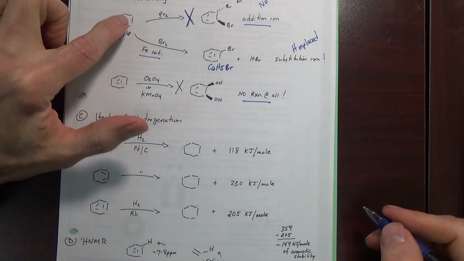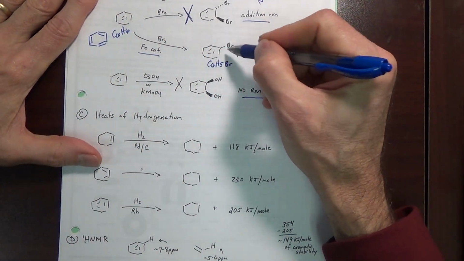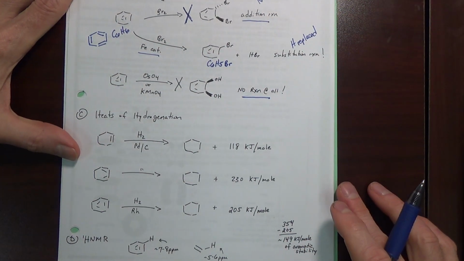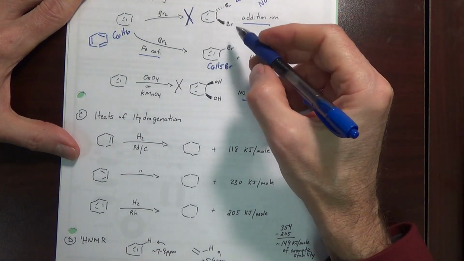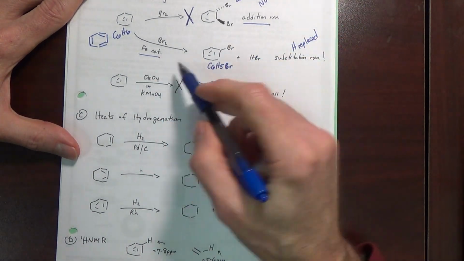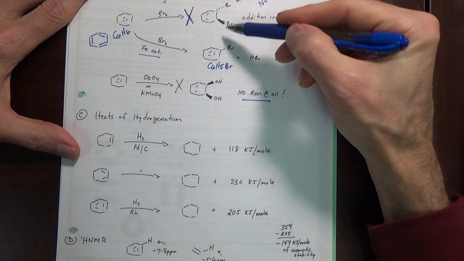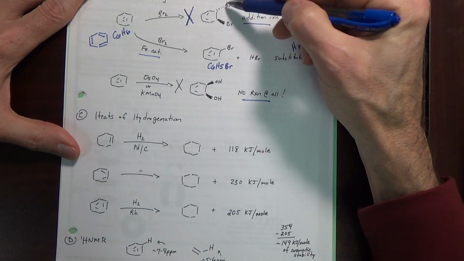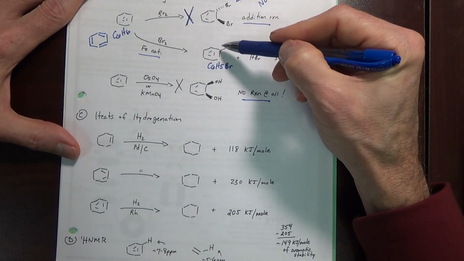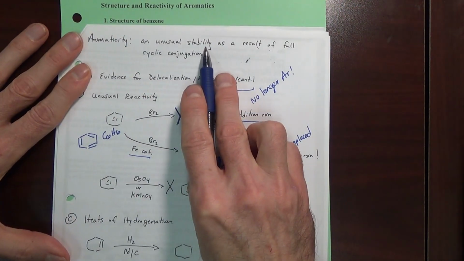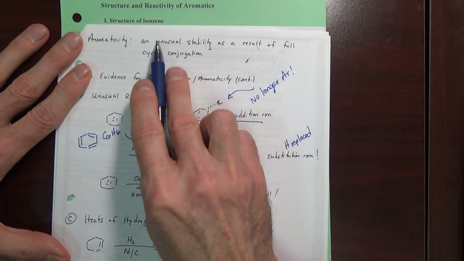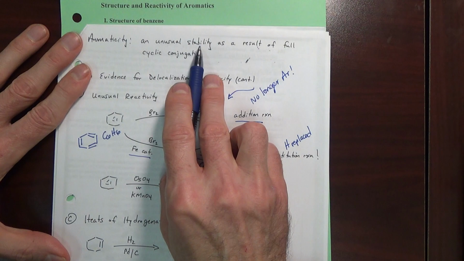Typically, aromatic compounds want to maintain the aromaticity. In terms of energetics, the transition state leading to this product is lower than the transition state leading to the higher energy product. That's a lower energy product. It's aromatic. It has an unusual stability, which implies it is lower in energy.